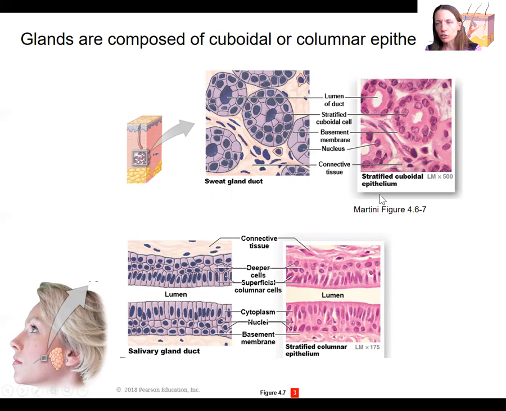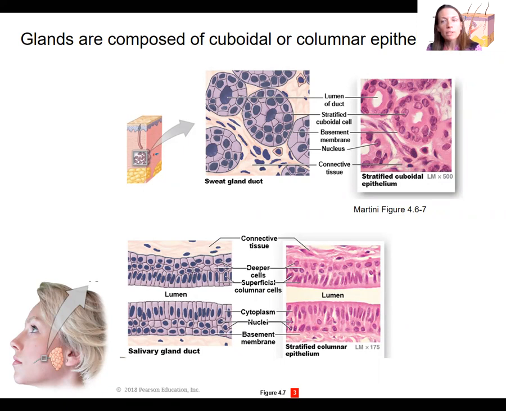Basically, glands are a little more diverse. But cuboidal and columnar stratified layers are a little bit more rare because they are pretty much just present in glands. So here's one example, a sweat gland. This is stratified cuboidal, the sweat gland that I showed you in the other video. Salivary glands are an example of stratified columnar epithelium.